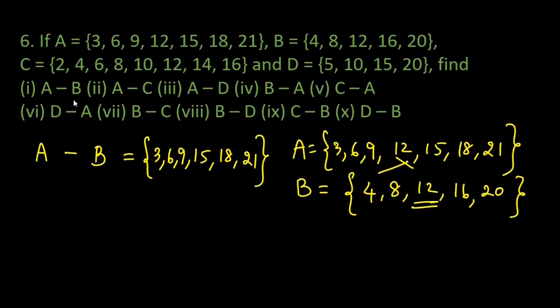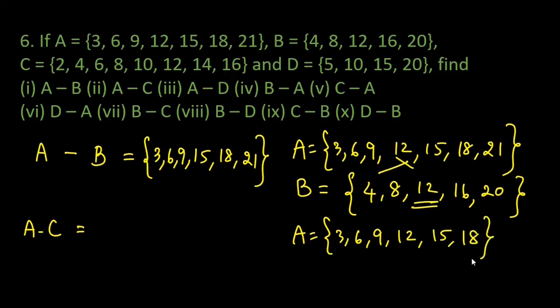Then A minus C. A is 3, 6, 9, 12, 15, 18. Then C is 2, 4, 6, 8, 10, 12, 14, 16.